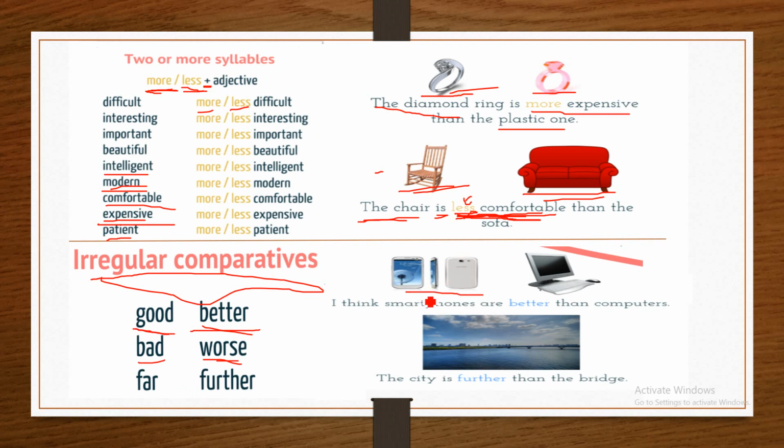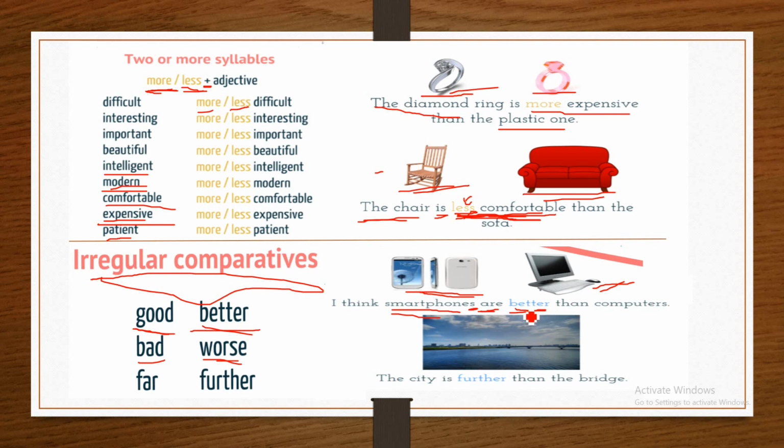For example, we have a smartphone and we have a computer. I think smartphones are better than computers. Smartphones is the first object, and are is the verb to be for a plural subject. Better is a comparative adjective.